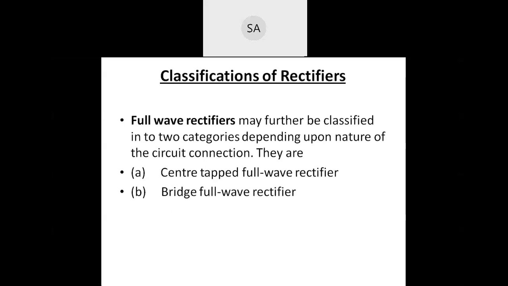The way we are connecting the circuit, the full wave rectifiers are classified into two types: center tapped full wave rectifier and bridge full wave rectifier. Both are full wave rectifiers, but the way we connect the circuit differs. Bridge means it is like a closed path. Center tapped means there is a division of the circuit.